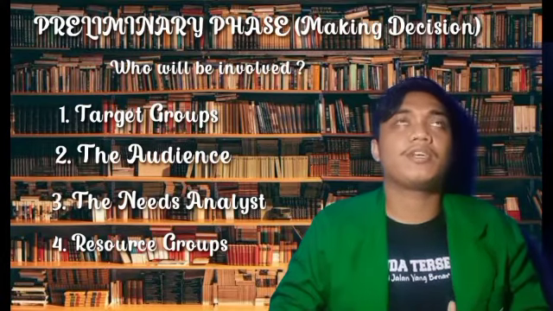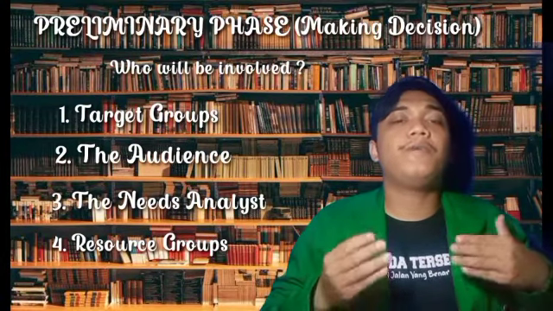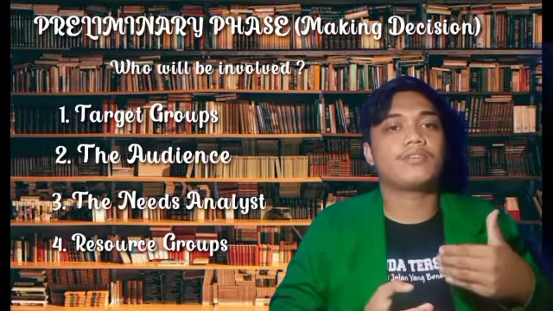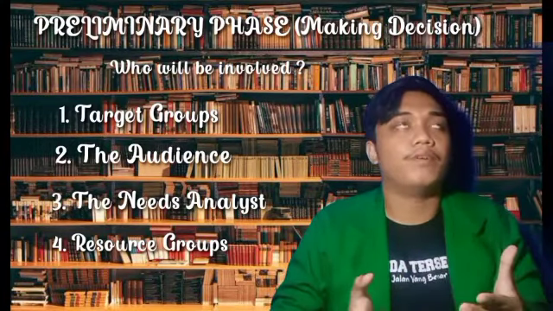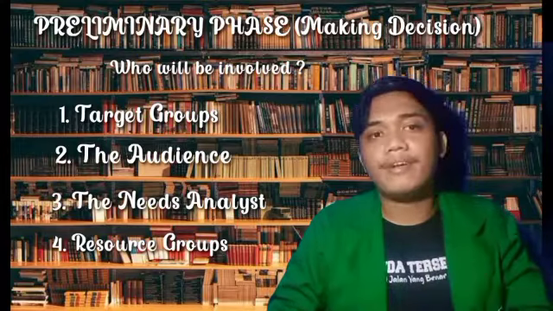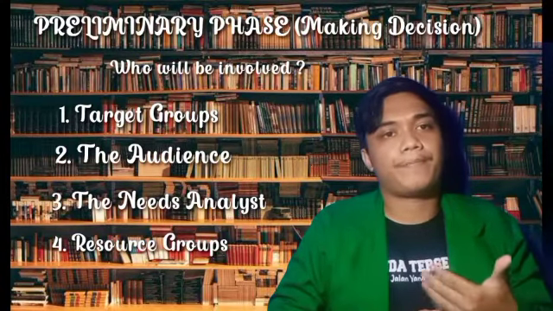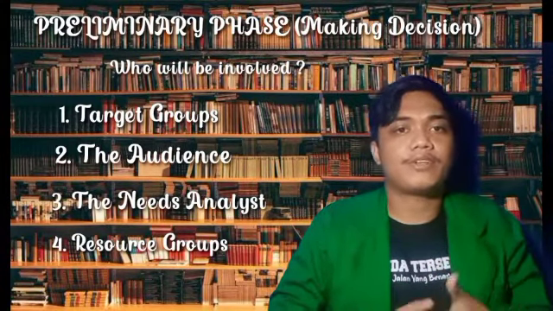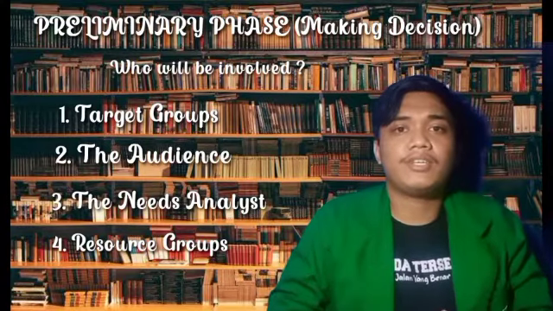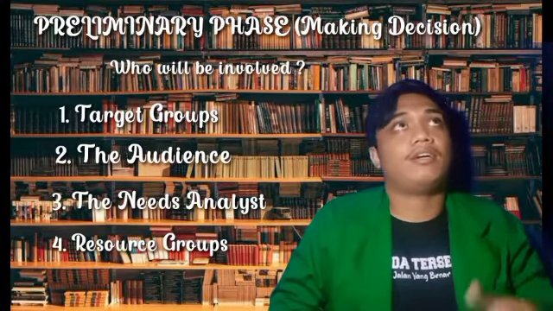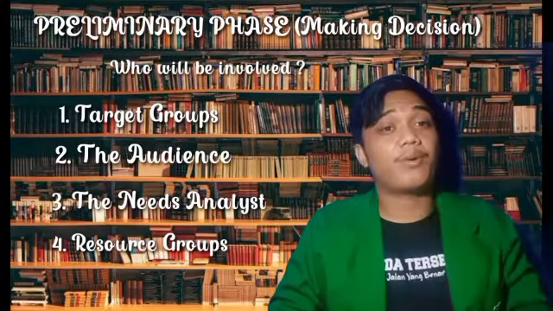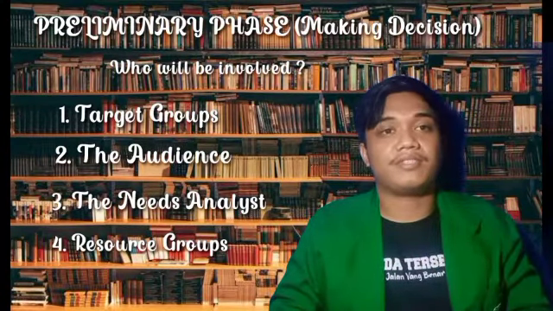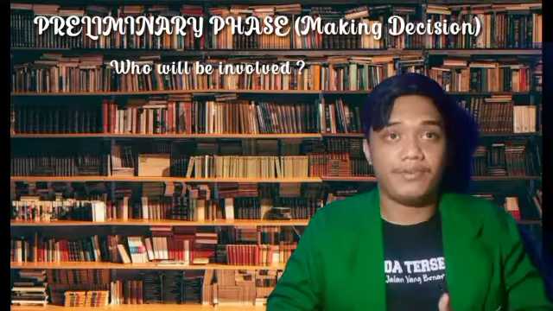The resource group is people who serve as a source of information about the target group. For example, parents, future employers or professors of the students, and so on. Okay, those are the 4 categories according to Brown.